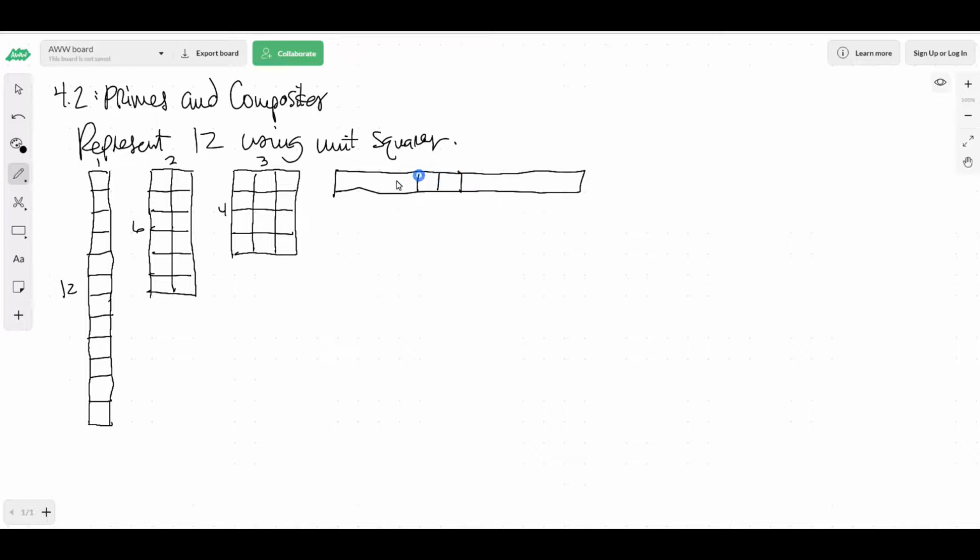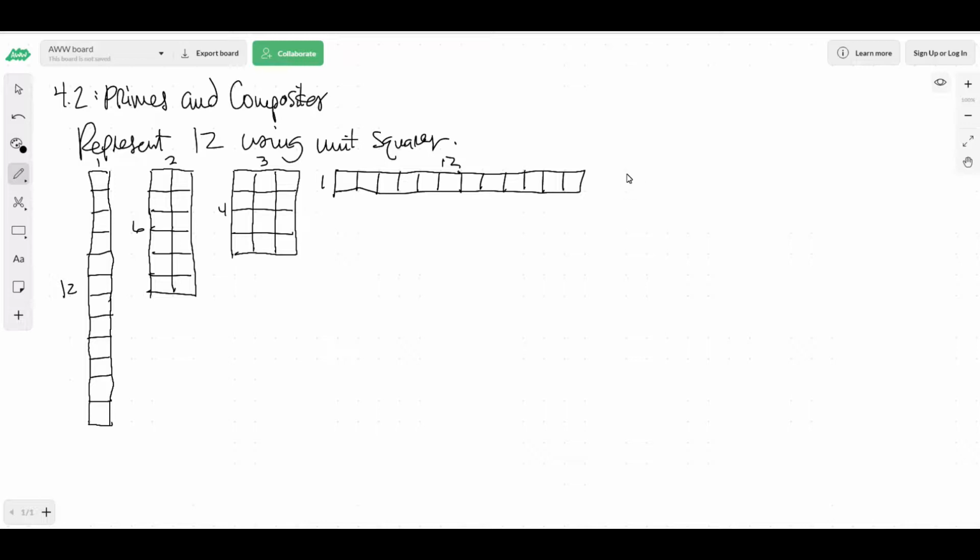Whether or not it's neat enough, that's a whole other question. So anyway, can I draw this like that as a 1 times 12? And is that the same representation? Is it still the same as what I have down here? Or is it a new value? Is it a new piece of information to look at?